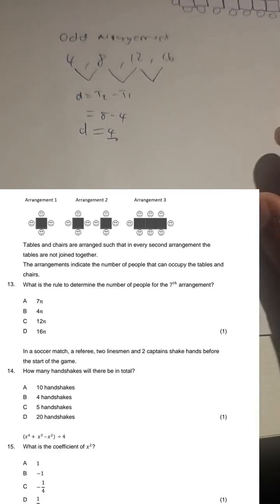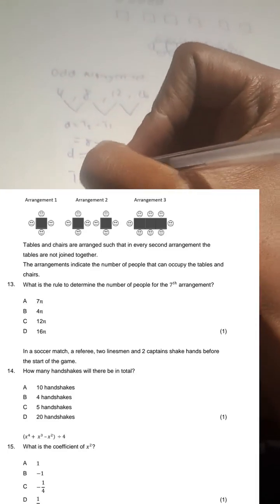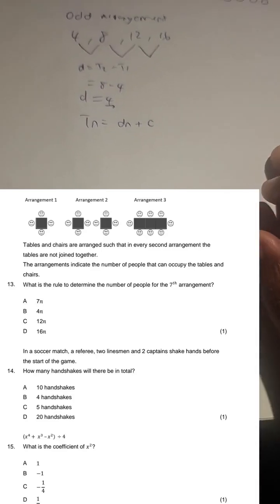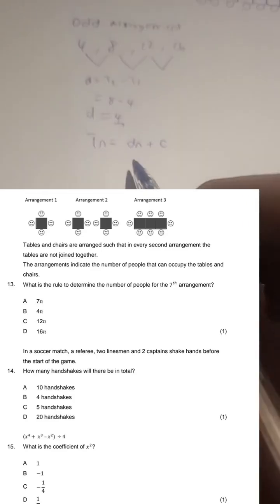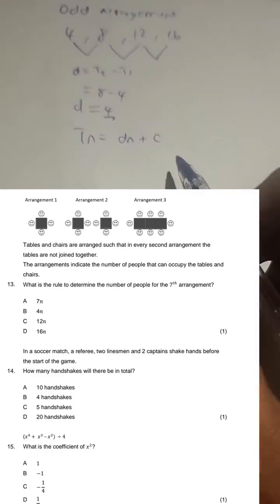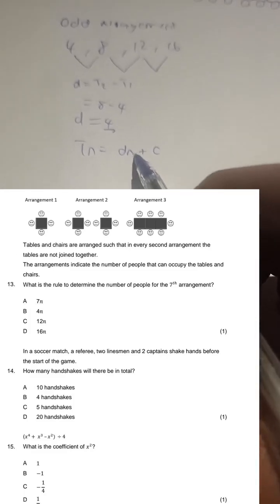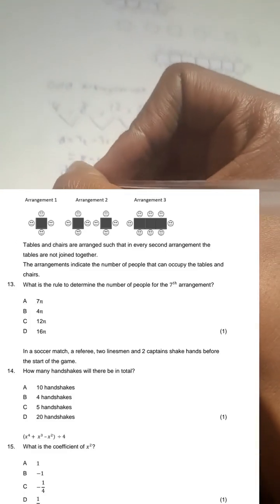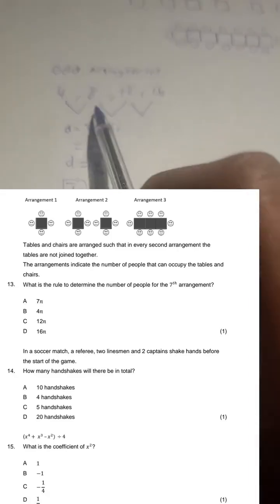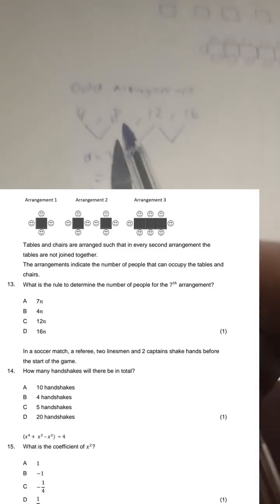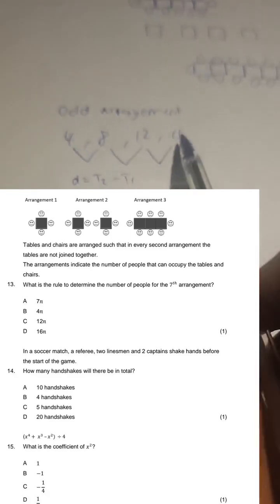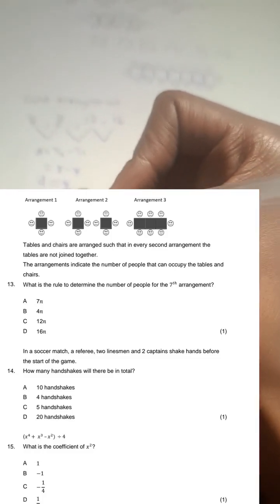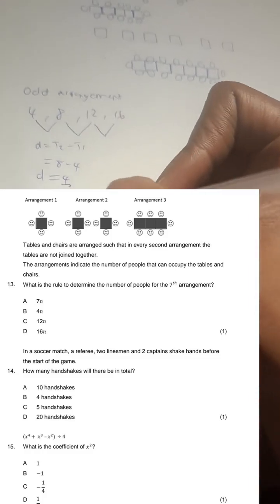That is D. Then we say Tn is equal to Dn plus C, where D stands for constant difference, n means position, and C is just a constant. So for Tn here, we can choose any pattern, 4, 8, 12, 16. And then we can say Tn is equal to 4n plus C.